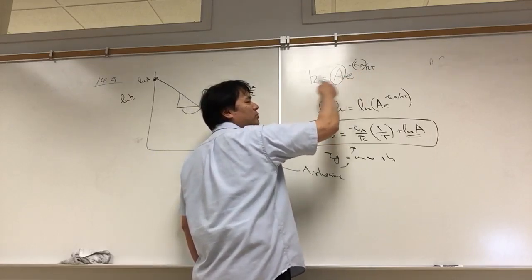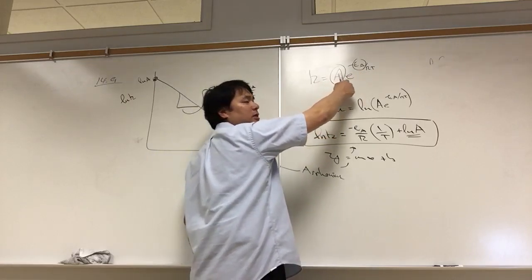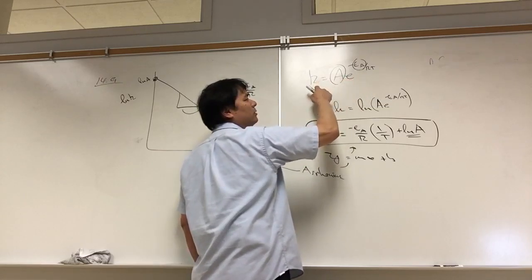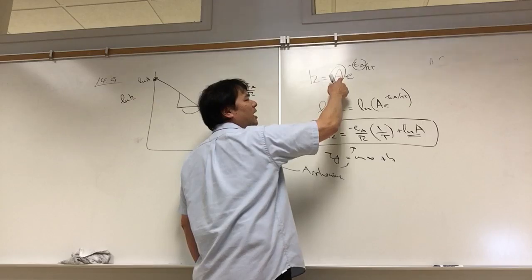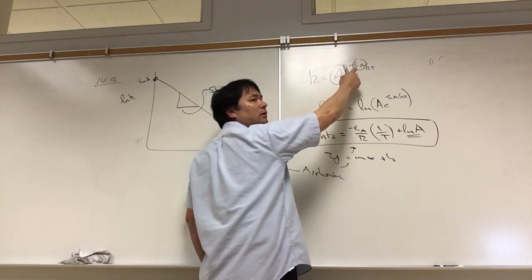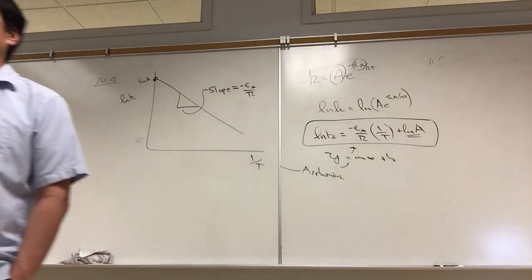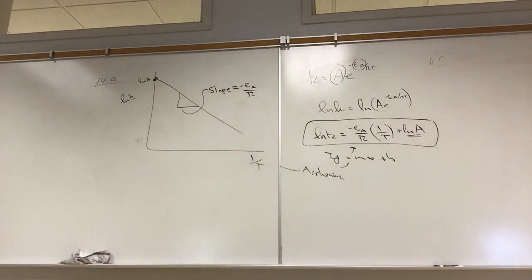I just solve this equation for T. But in order to solve this equation for T, I would need to know the A value and the EA value, right? So I could generate a plot like this to get it.